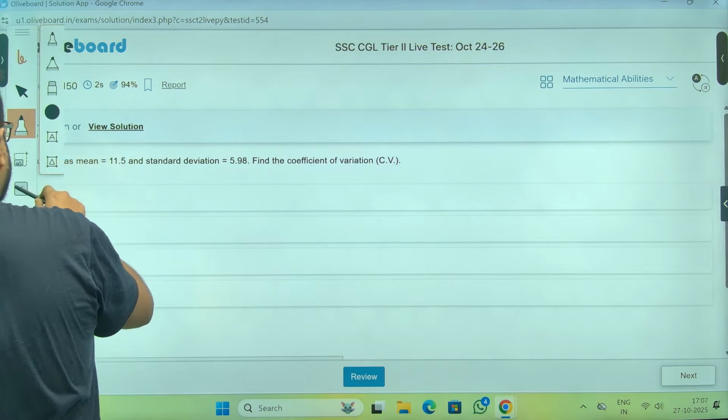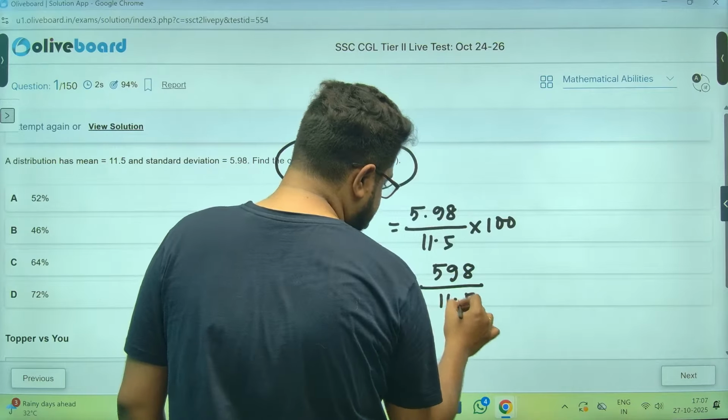Coefficient of variation is SD by mean into 100. We all know this, so just put the values. SD 5.98 divided by 11.5 into 100. So this is practically 598 divided by 11.5.